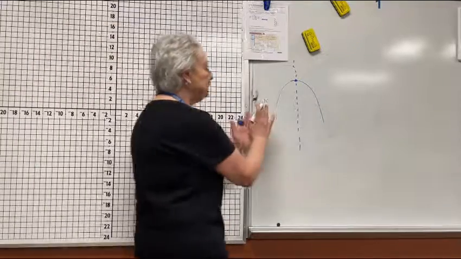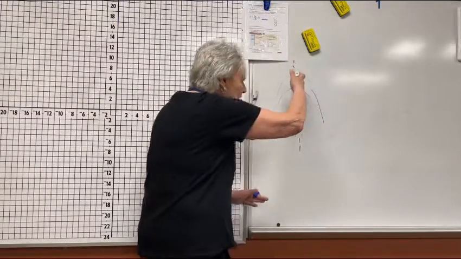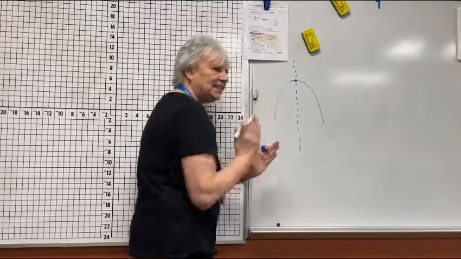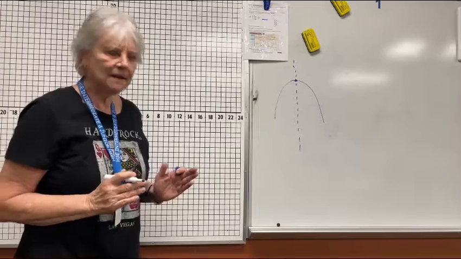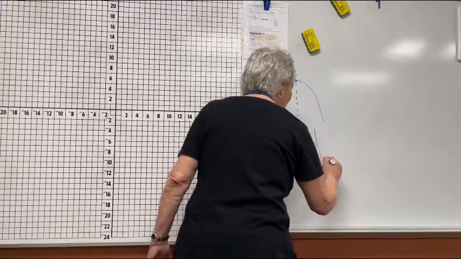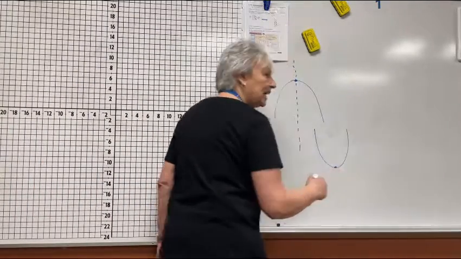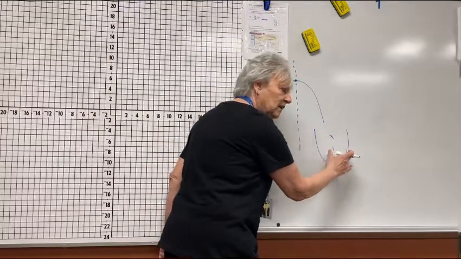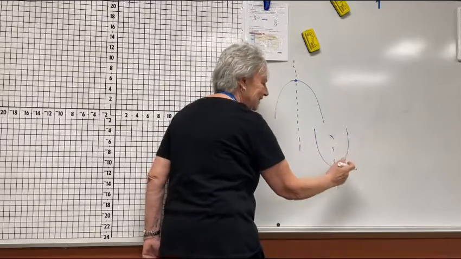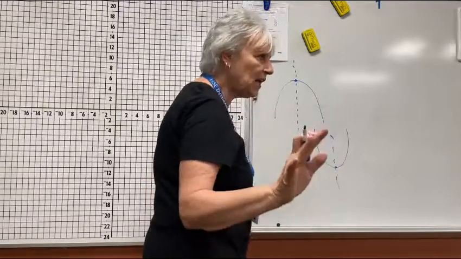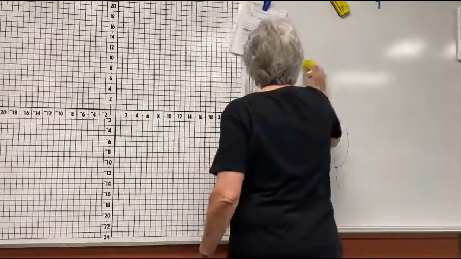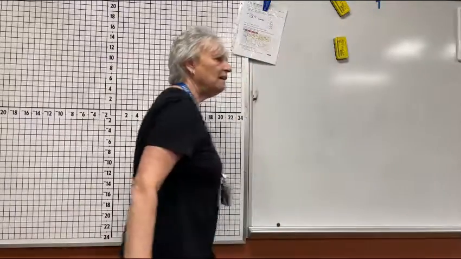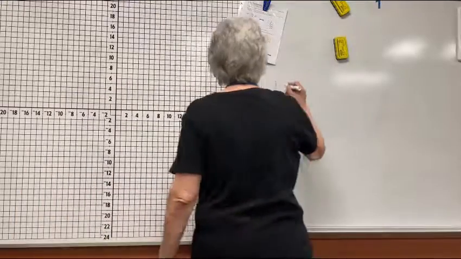In other words, if I folded this parabola on this line, it would be exactly the same on the other side. Okay? It also has a vertex that could be the least value. Highest value, least value. Stop me if you're not with me ever. The lowest value, well, I'll show you.